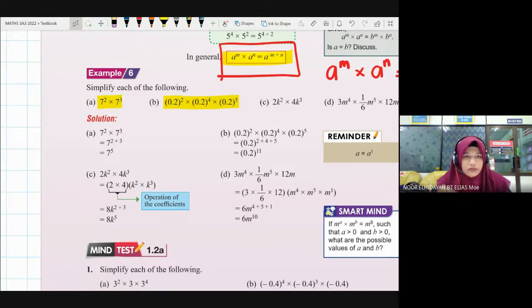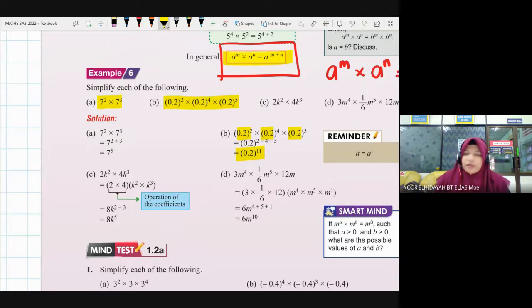Maksudnya base dia sama sahaja. Awak tengok base yang sama sahaja, so you just add the index. Dan kena ingat untuk decimal number nak tulis dalam index notation, you have to put the base in bracket.